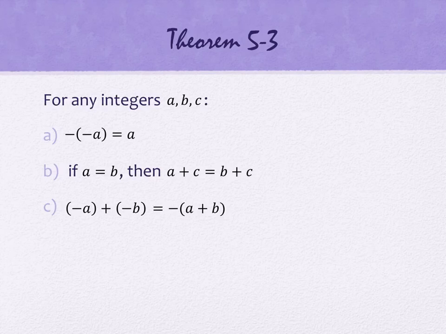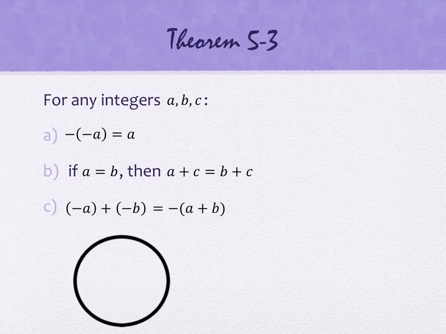And we could talk about from a chip model perspective why that has to happen really easily and really quickly. Let's just let a be 1 and b be 2, so I don't have to draw as many chips. And let's let our negatives be the red ones that I had before, okay? So let me get my red chips back. So this one actually is saying I have one red chip because it's negative 1.